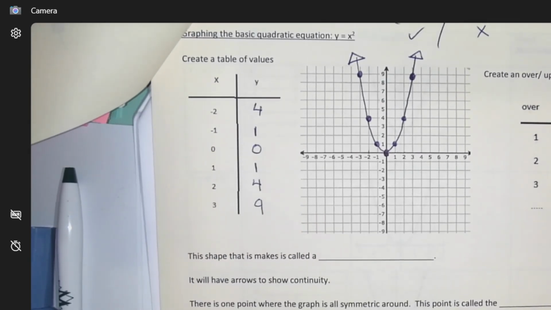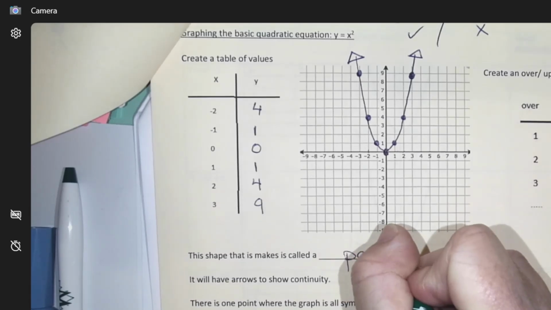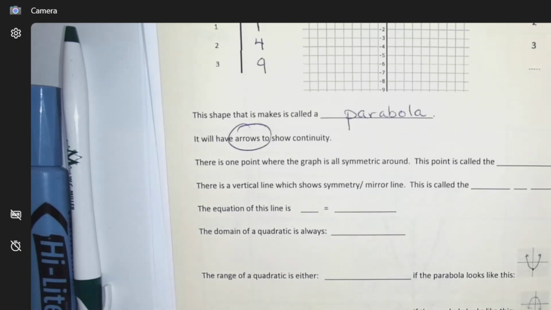Okay, so this shape that we made is called a parabola. That's just the name of the shape of it. So the U shape. It's always going to have arrows on it because it's going to tell you that it's going to keep going.